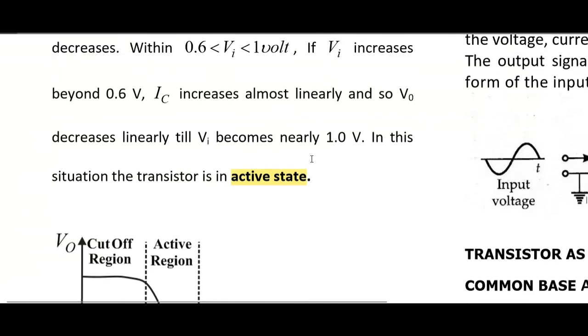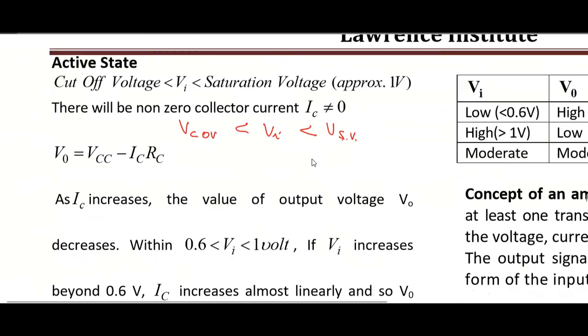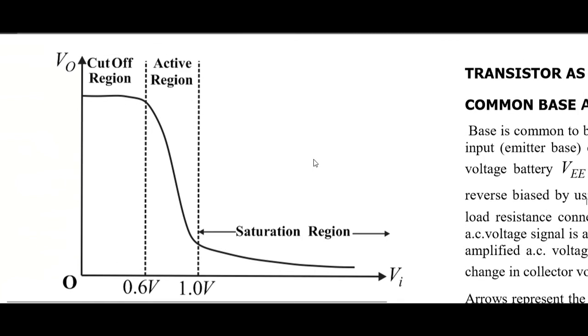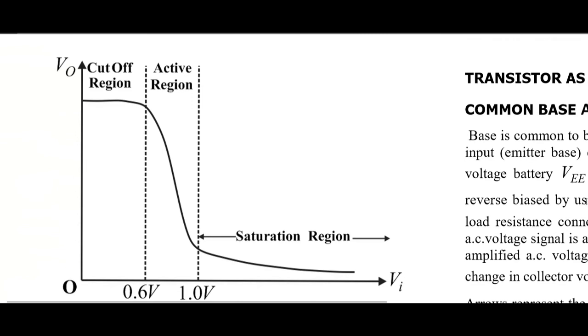And now we will understand it more correctly from this diagram. This is cutoff region. In this region, VI is less than V cutoff voltage.